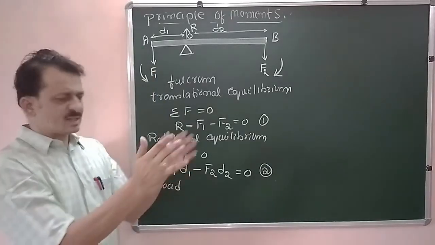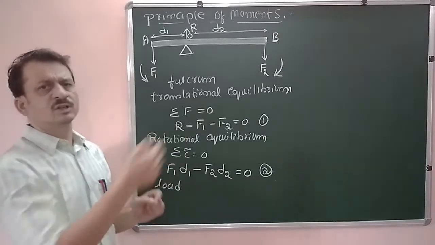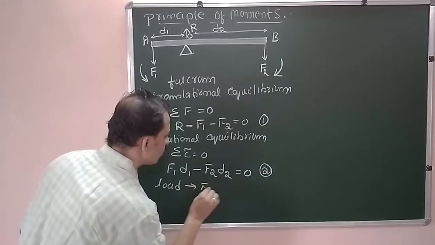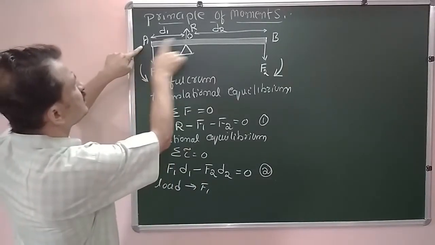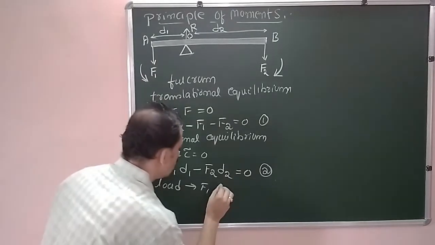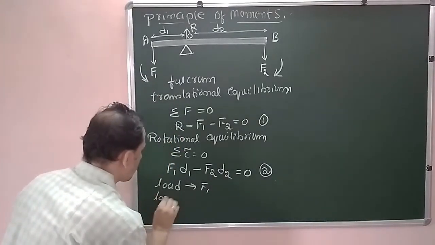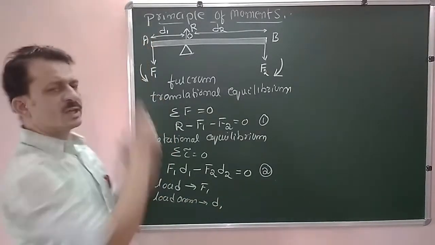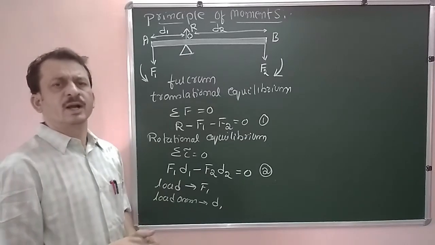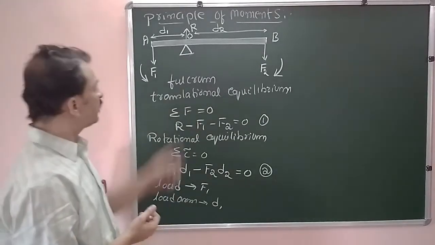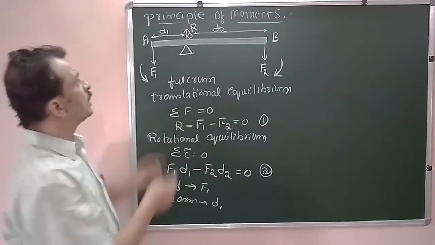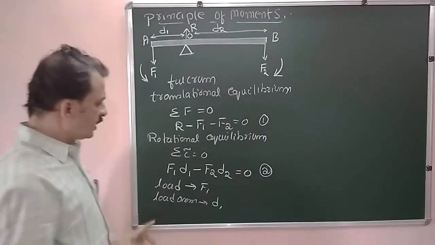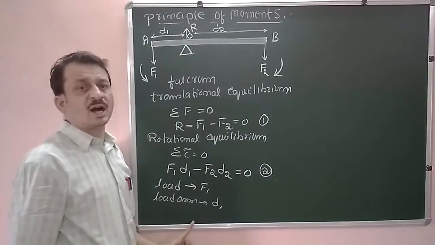At the point A we are placing some load, and I have to lift that load. Therefore the force F1 is called the load. F1 we call it the load, and the distance d1 of this load from the fulcrum is called the load arm.